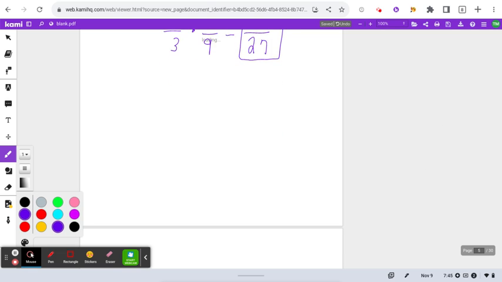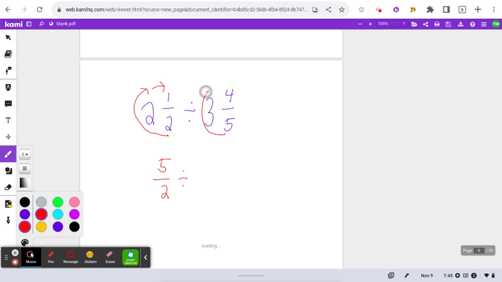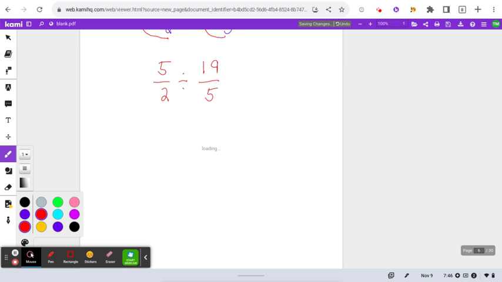And then one more. If you had 2 and a half divided by 3 and 4/5, same process as the last one. So backward C, 2 times 2 is 4. 4 plus 1 is 5. So you'd have 5 over 2. And then divided by this backward C, 5 times 3 is 15. 15 plus 4 is 19. Now we need to multiply by the reciprocal.